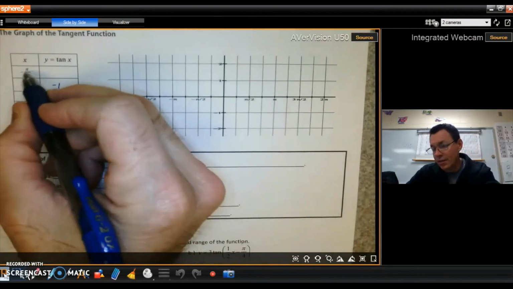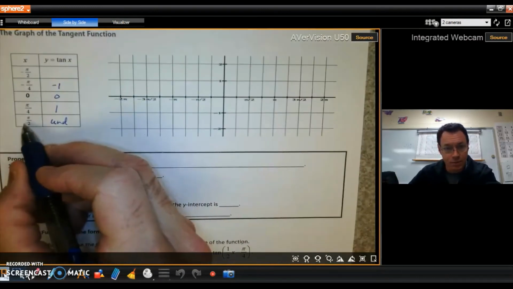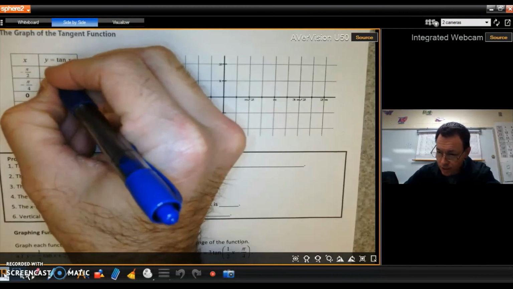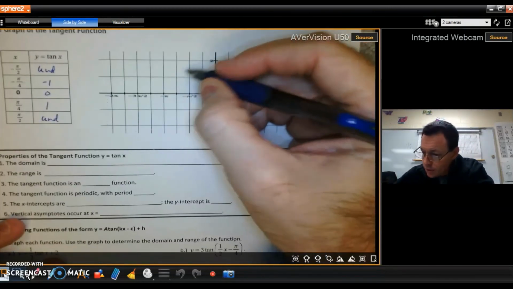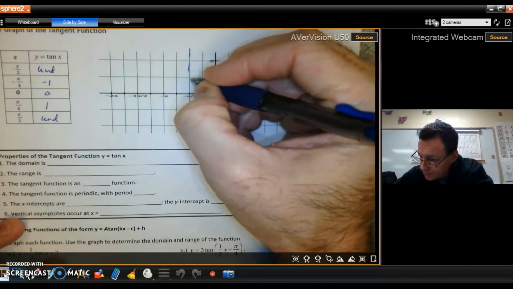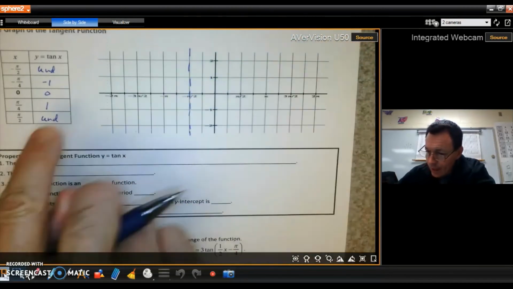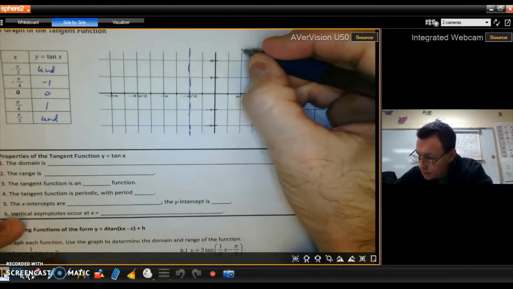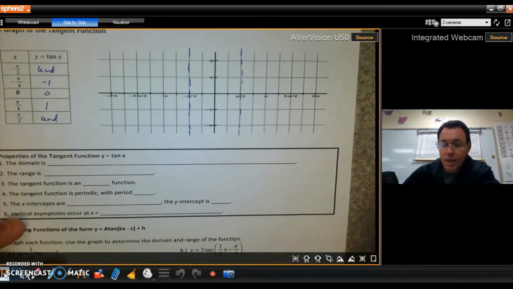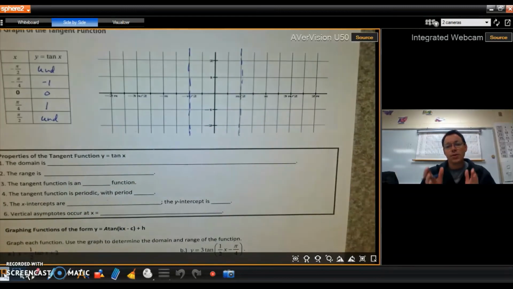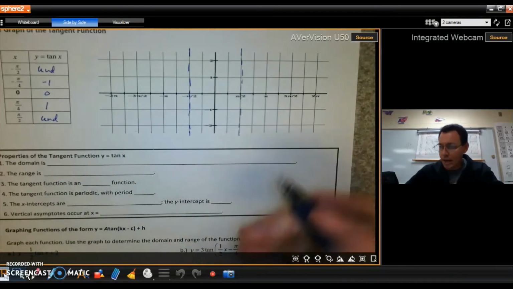And then negative pi over 2 has the same reference angle as pi over 2, so it's going to be undefined. So these two values, negative pi over 2 and pi over 2, are going to be where my vertical asymptotes are. Notice that they're right in the middle of our graph.